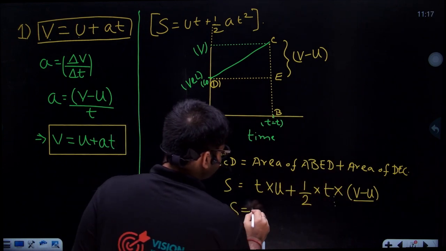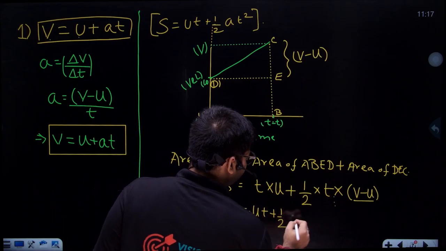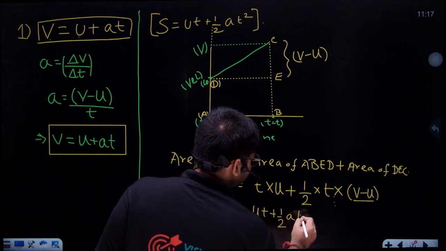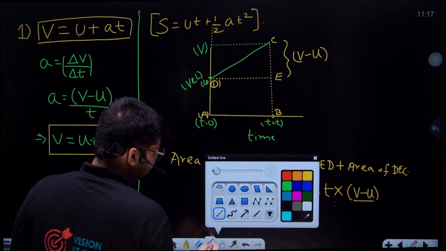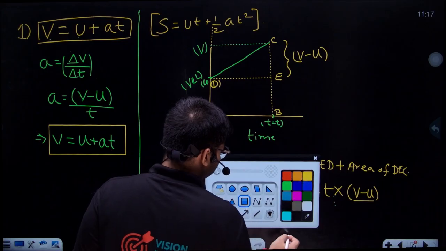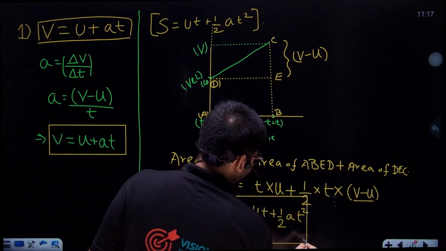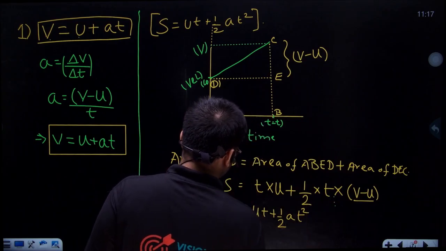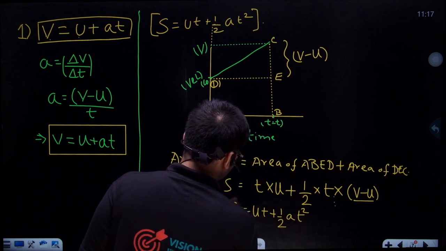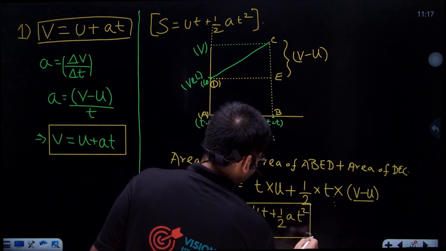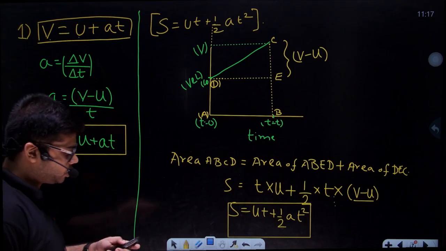So S becomes UT plus half AT into T. So you will get UT plus half AT square. S is equal to UT plus half AT square.